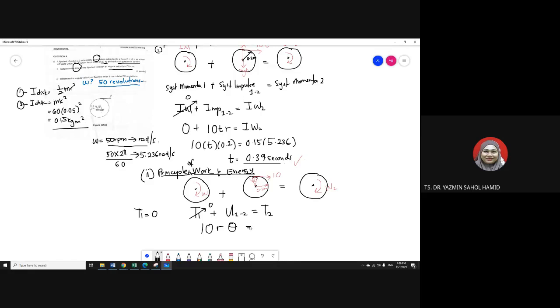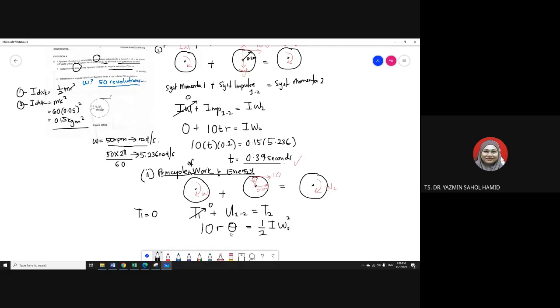So for this one, what is the formula for the kinetic energy? Do you remember? 1 over 2 what? I omega square. Yes, don't forget there is I omega square. This omega is omega 2.